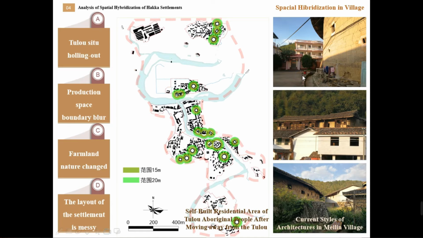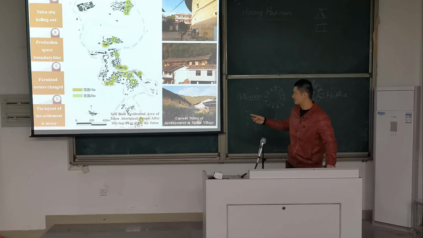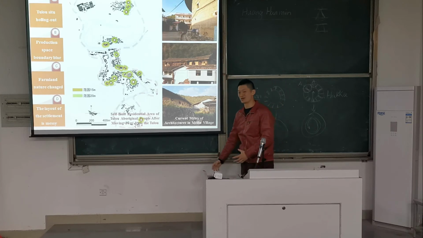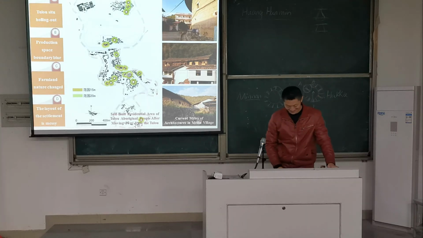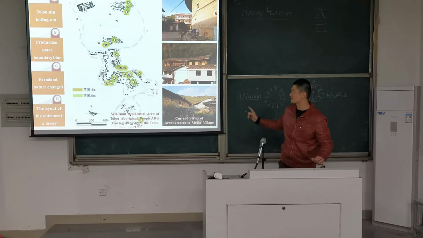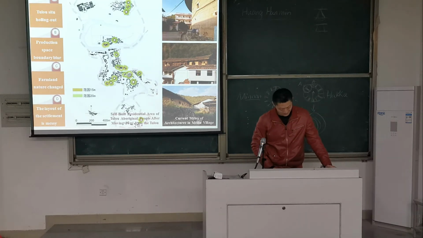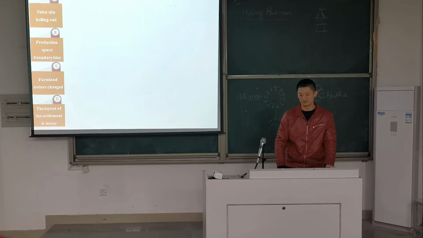Yeah, and also sometimes farmland has changed, due to non-working, and most importantly, those buildings are a big problem. So this is a very acute problem that we have to solve.